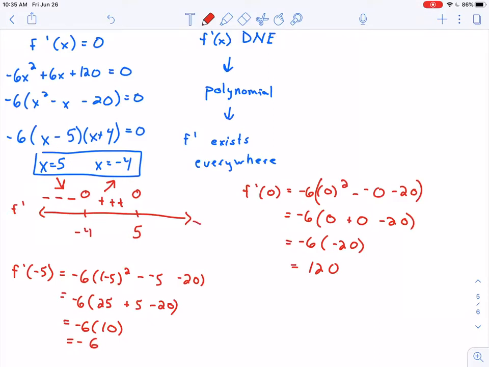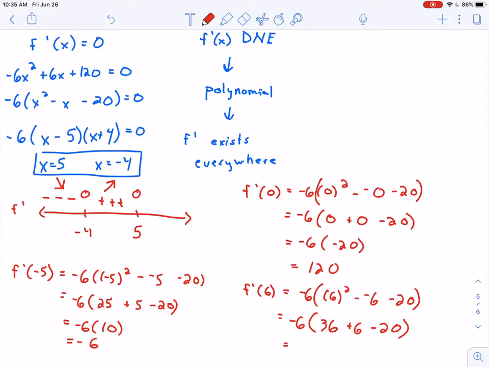Need one last number to the right of +5, so how about +6, I think would be a good choice. F prime of +6. Let's plug that into our derivative. Again, I'm going to use this factored form right here. So -6 times (6 squared minus 6 minus 20). Here, let's see, -6 times (36 minus 6 minus 20).